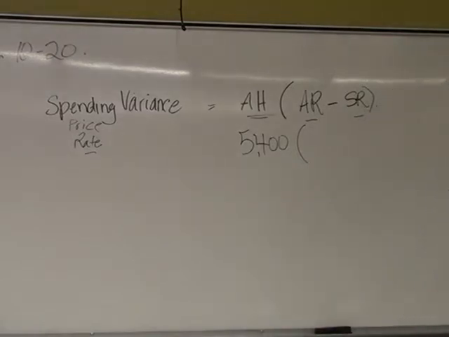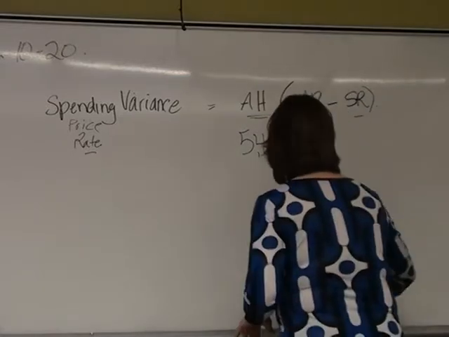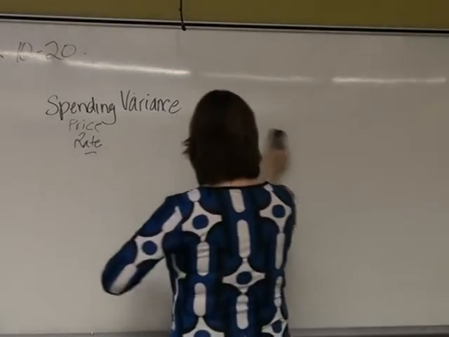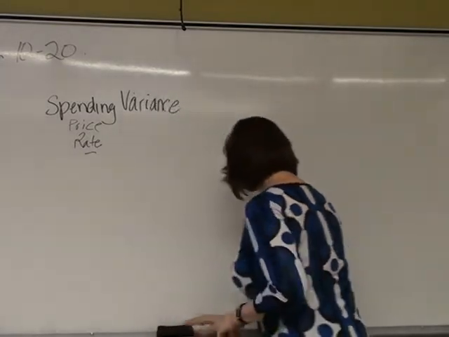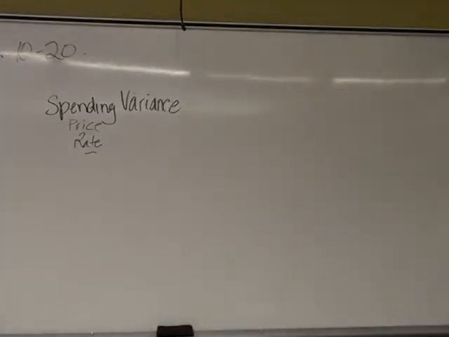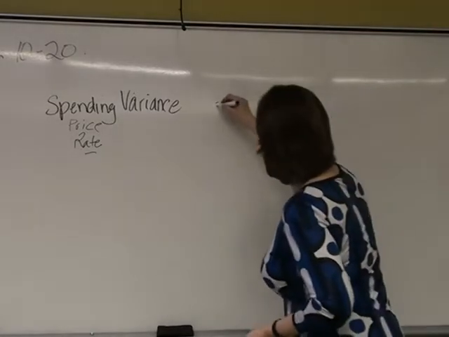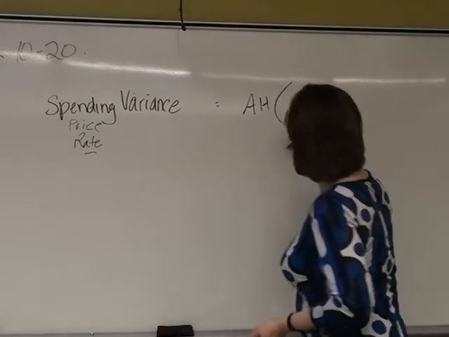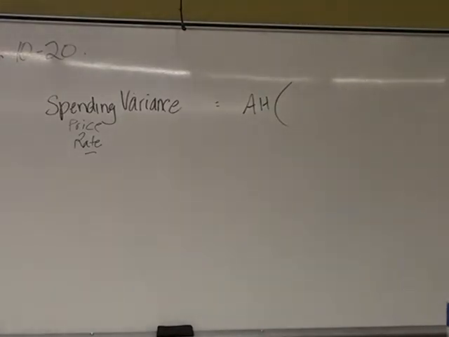Ugh. You know what? Let's go back to problem 1020, because I think that's less confusing than bouncing around in this chapter. That's a simpler problem, but let's go back to 1020 on page 446, because we're familiar with those numbers. So, the spending variance is the actual hours. 446 is problem 1020.